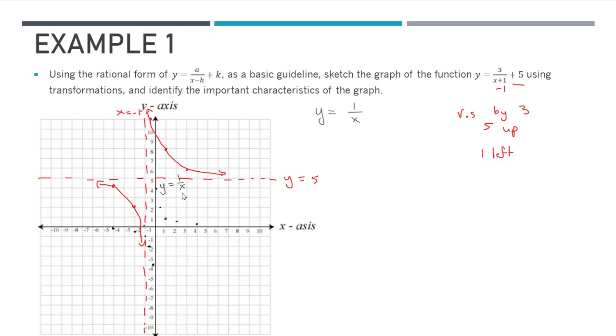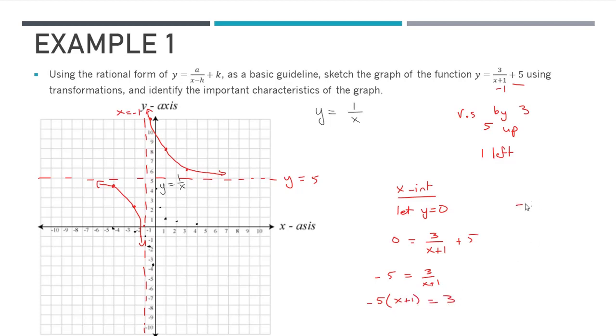It might be good to actually have our x-intercept here as well. So to find our x-intercept, we're just going to let y equals 0. So then we get 0 equals 3 over x plus 1 plus 5. I'm going to subtract 5 off both sides. Then I'm going to multiply both sides by x plus 1. So I get -5 times (x plus 1) equals 3.